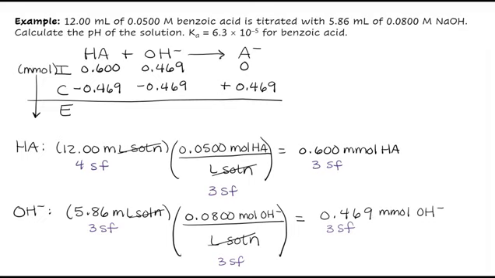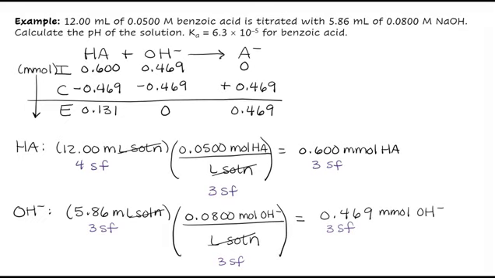The calculation here is subtraction, which means we need to keep track of decimal places, not sig figs. So for HA, we have 0.600 minus 0.469 to 3 decimal places gives us 0.131. Hydroxide goes to 0, and A- is 0.469.